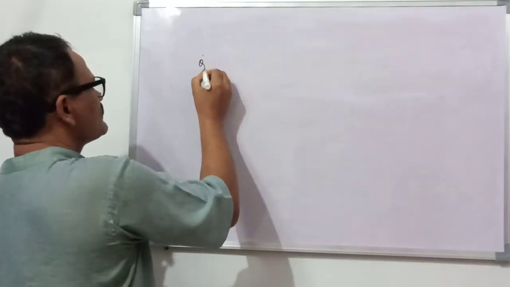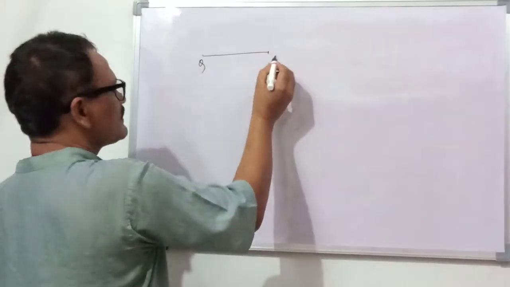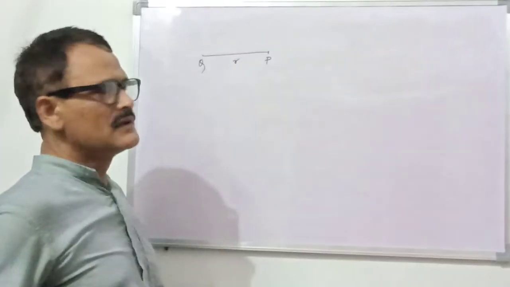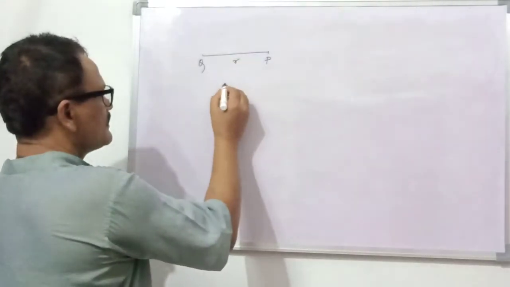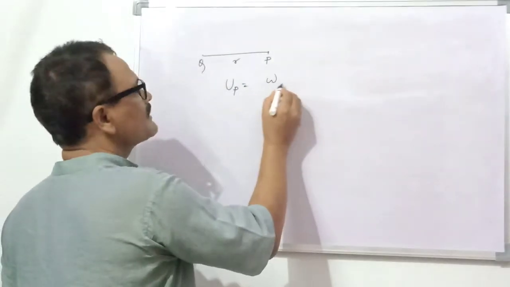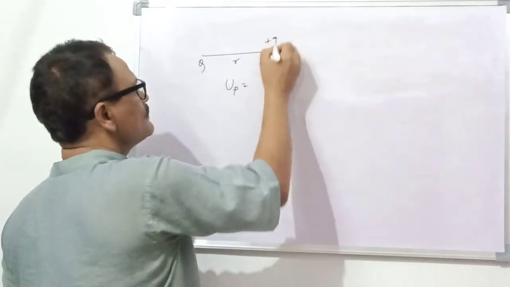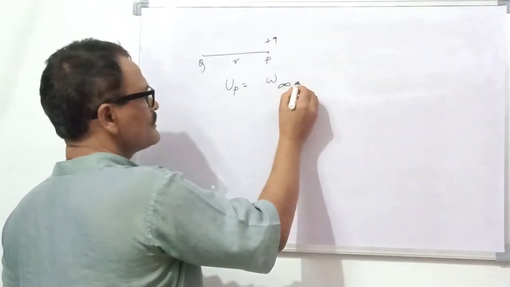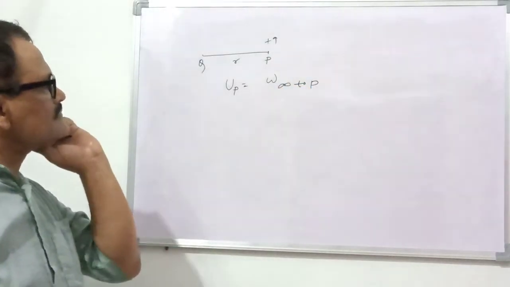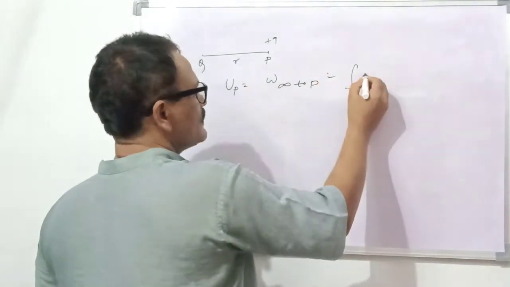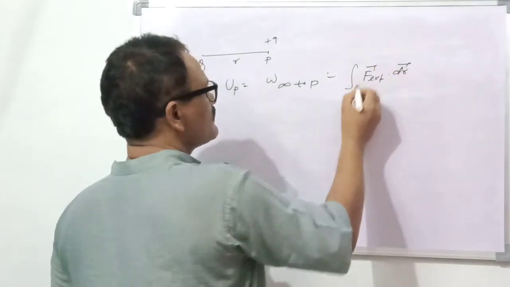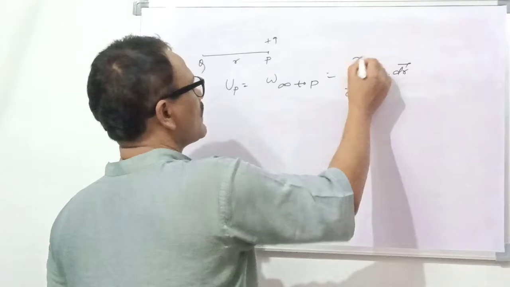Suppose this is the point charge, and at a particular point P at distance r, the potential energy at P is the work done in bringing the given charge Q from infinity to P. This is equal to the work done by the external force in bringing it from infinity to r.